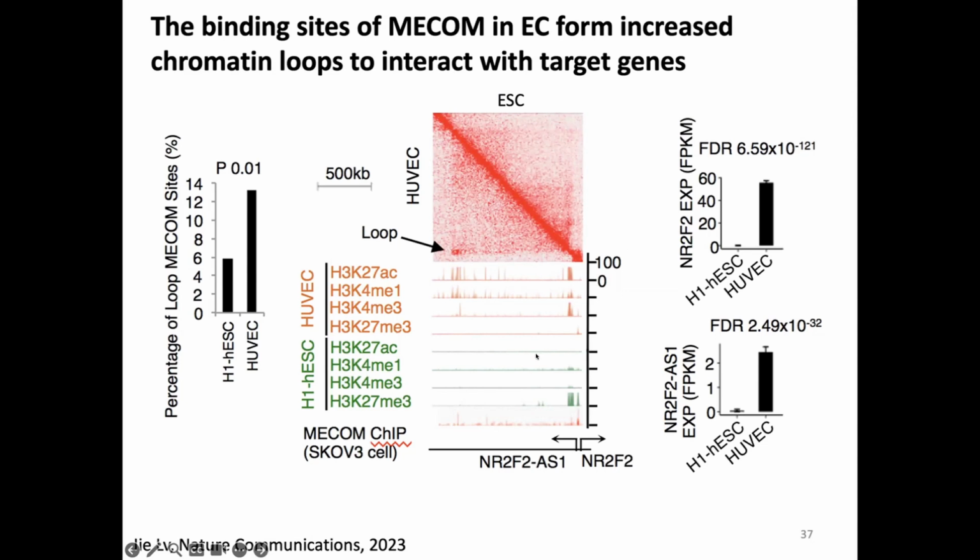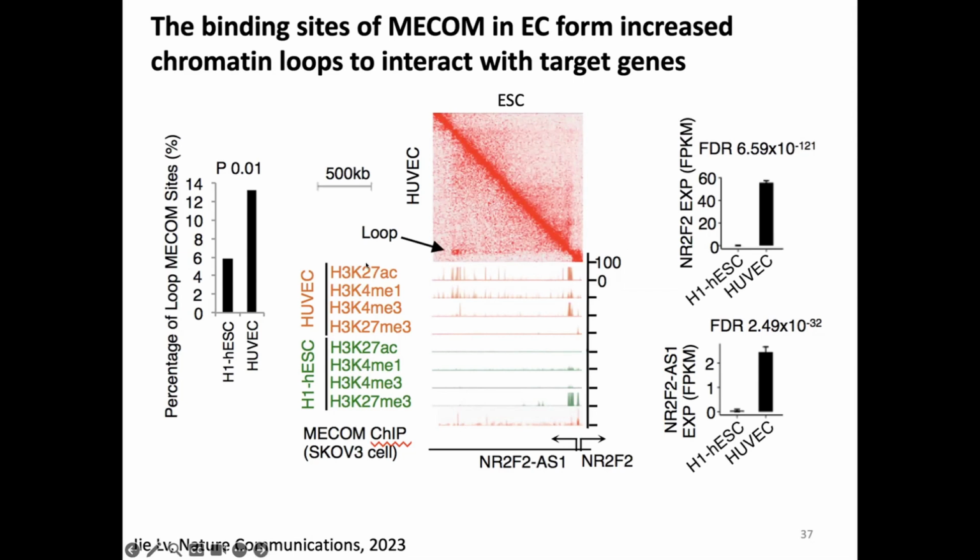So this is a very good example. NR2F2 is a very famous venous endothelial lineage factor. You can see both the promoter of this gene and the upstream enhancers show the binding of MECON at these locations.